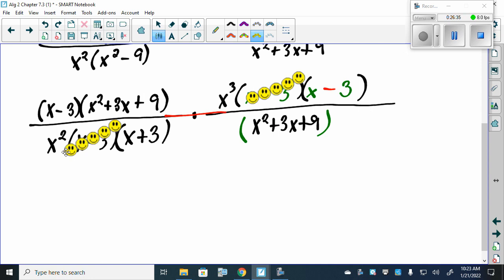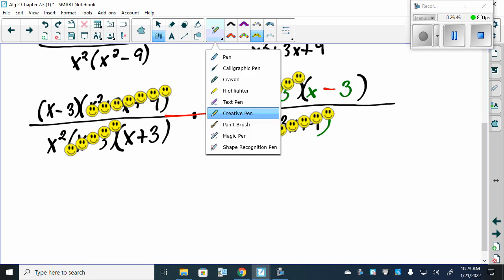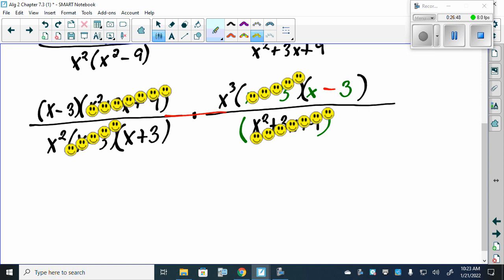The x squared plus 3x plus 9 will simplify with the x squared plus 3x plus 9. And this x squared will simplify out completely with the x cubed, leaving 1x, or x to the first, either one.